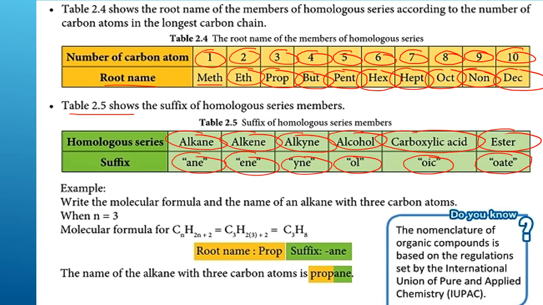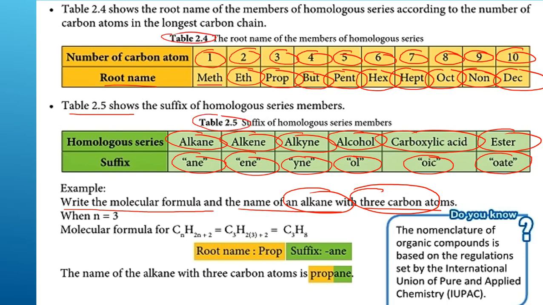So how we name compound? Okay, how we name the homologous series? So for example here, write the molecular formula and the name of alkane with 3 carbon atoms. So refer to the table 2.4 and 2.5.